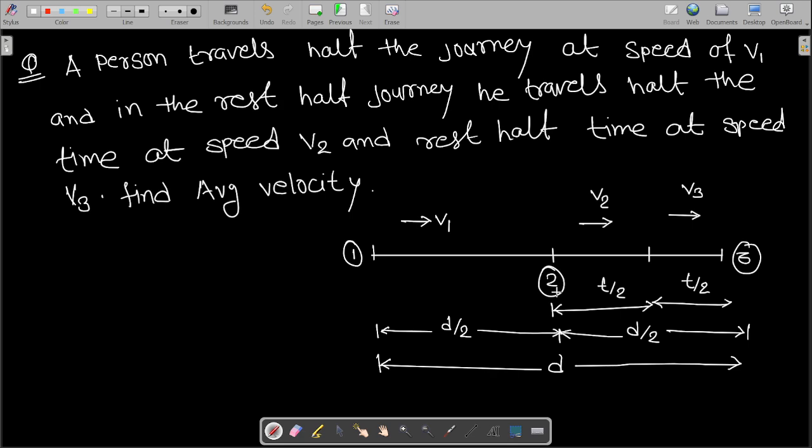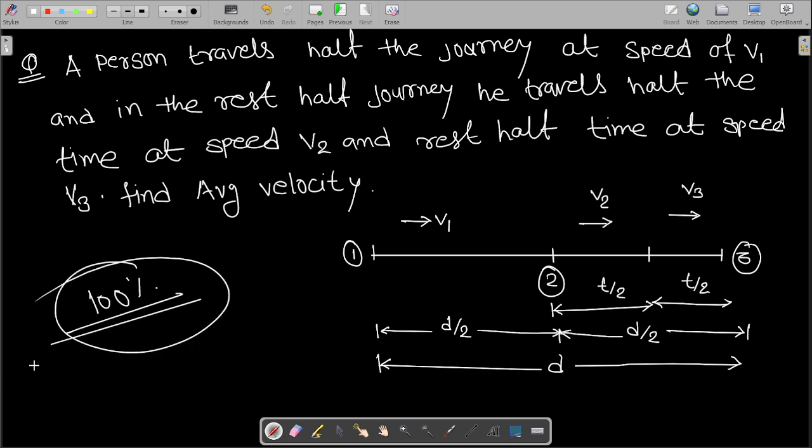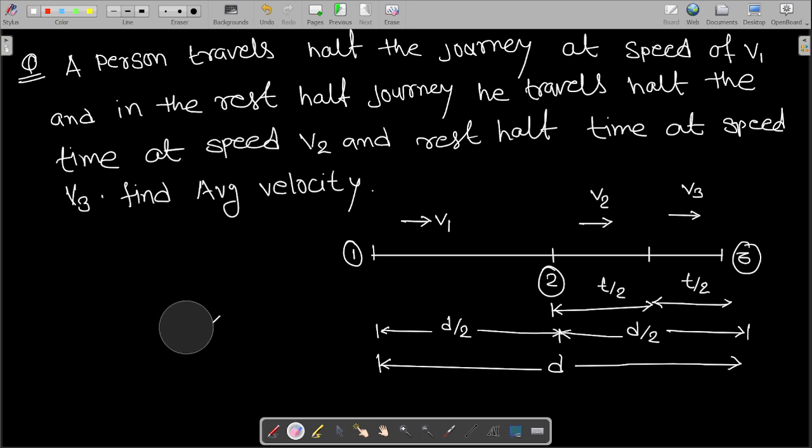Now try to solve it. I am 100% sure that this numerical will come in the JELET exam next year. Try to solve it on your own.